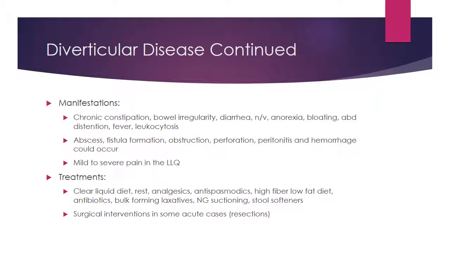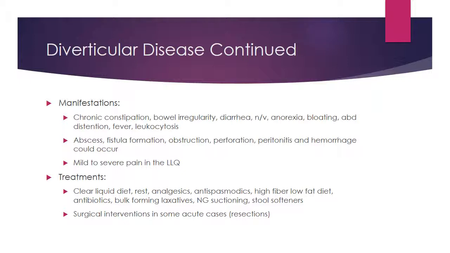Some manifestations: chronic constipation, bowel irregularity, diarrhea, nausea, vomiting, anorexia, bloating, distension, fever, and leukocytosis. Abscesses, fistulas can form, obstructions, perforation, peritonitis, and hemorrhaging can occur if it's severe. And then you'd have mild to severe pain in the left lower quadrant with that.